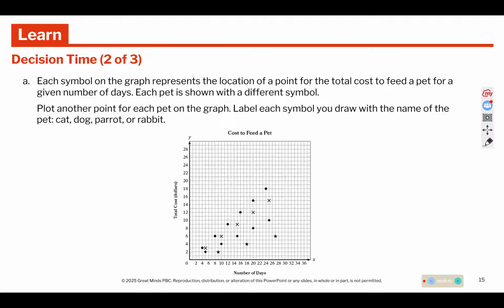Each pet is shown with a different symbol. Plot another point for each pet on the graph. Label each symbol you draw with the name of the pet: cat, dog, parrot, or rabbit.